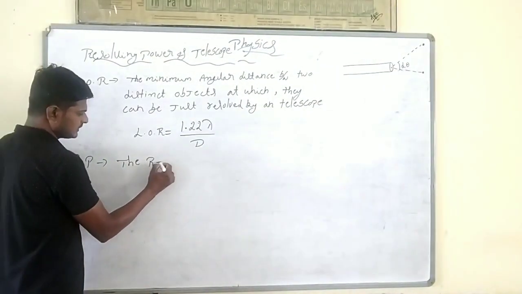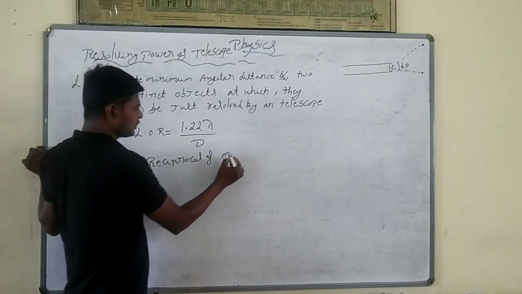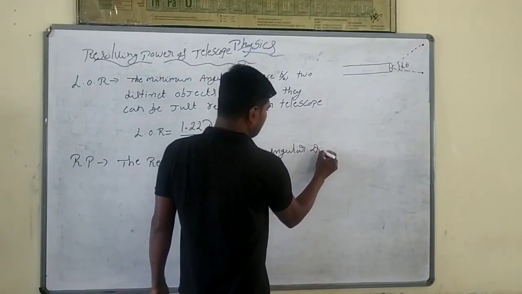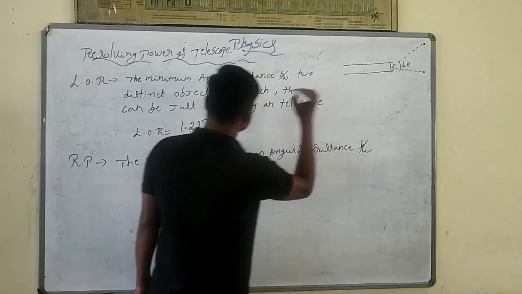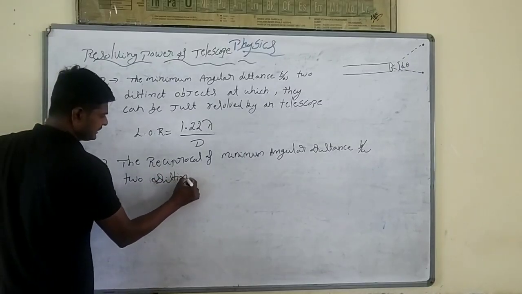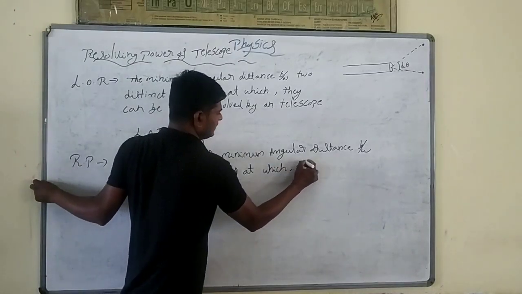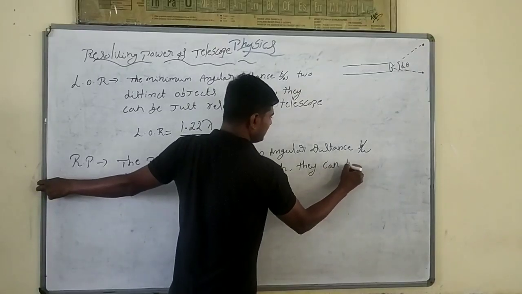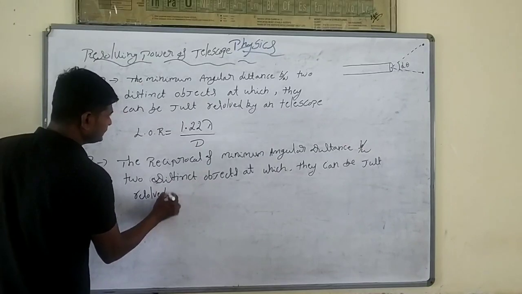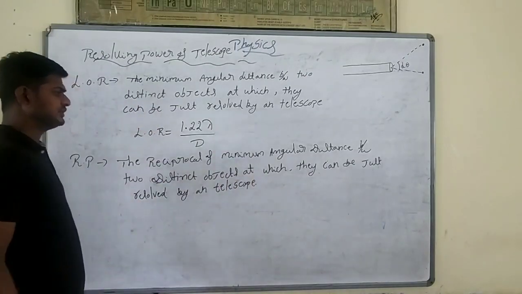The resolving power of a telescope is the reciprocal of the minimum angular distance between two distinct objects at which they can be just resolved by a telescope.